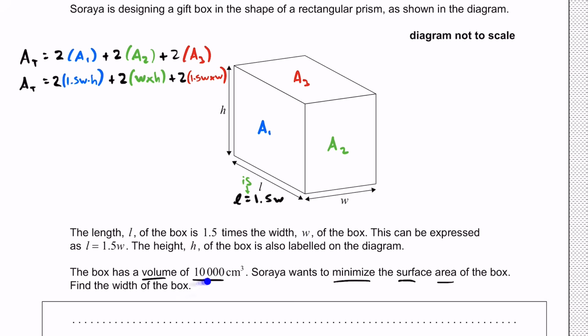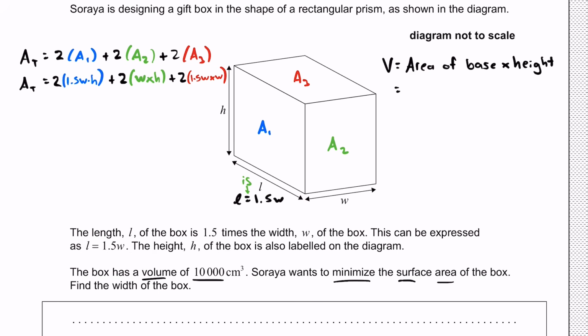We can make use of this volume. They've given us the exact value of the volume of this container, or at least the volume that it needs to contain. If we're talking about a rectangular prism, we have area of the base times height. That will give us the amount of space something takes up. So find the area of the base, multiply by height, and that will give us the volume. I want to write that out. Volume is equal to area of base times height.